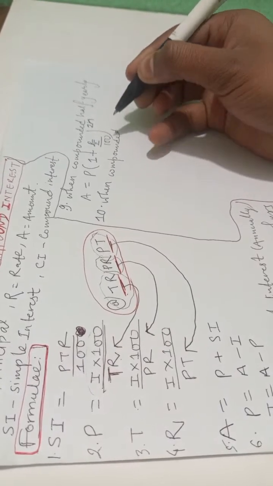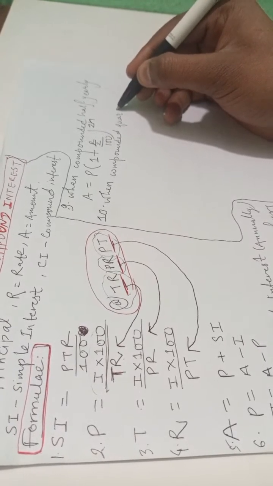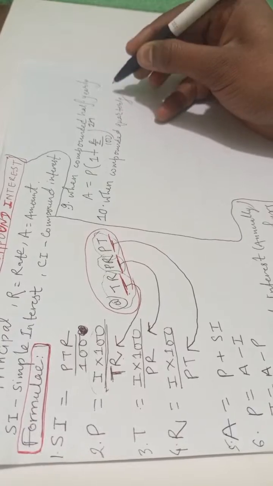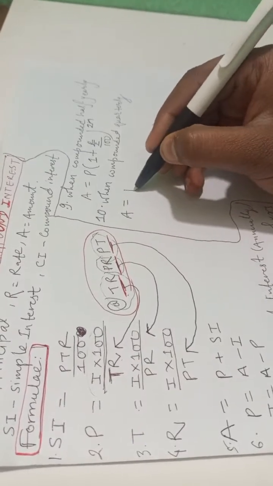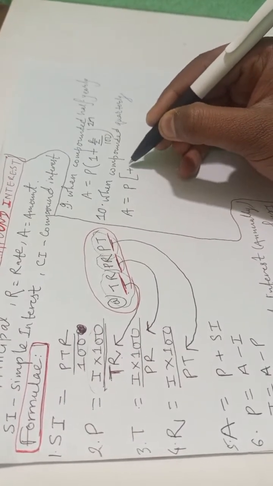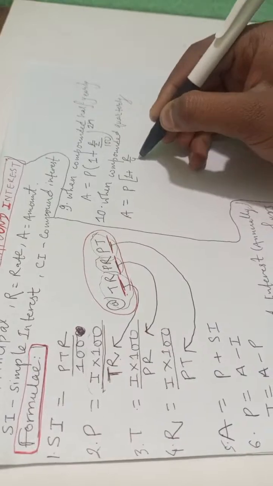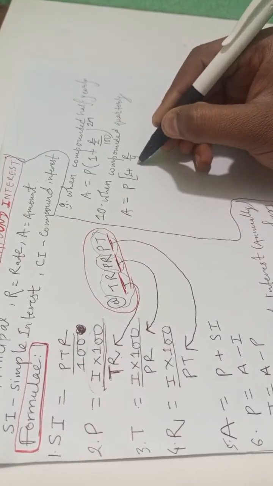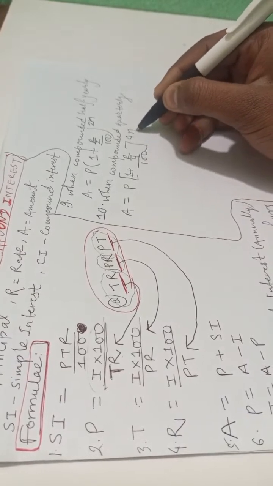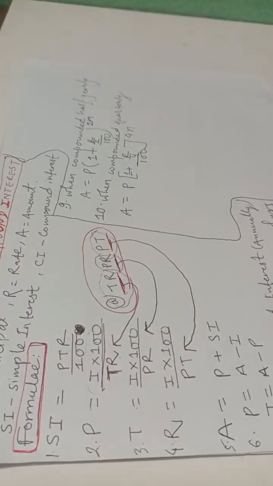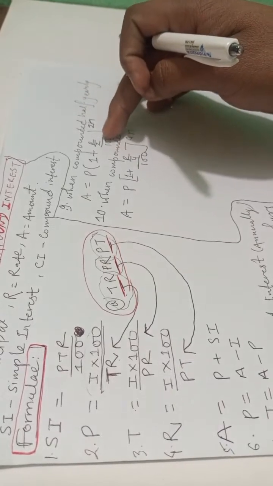When compounded quarterly, quarter means fourth part, then A is equal to P times (1 plus R by 4 by 100) to the power 4n. Quarterly means R by 4, whereas half yearly means R by 2.